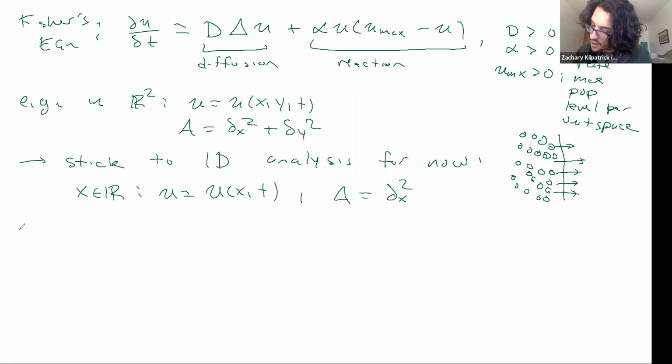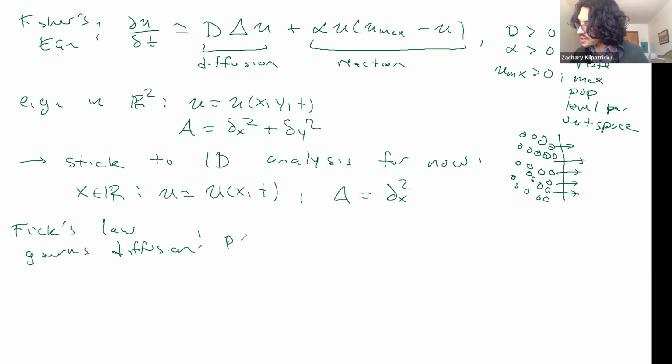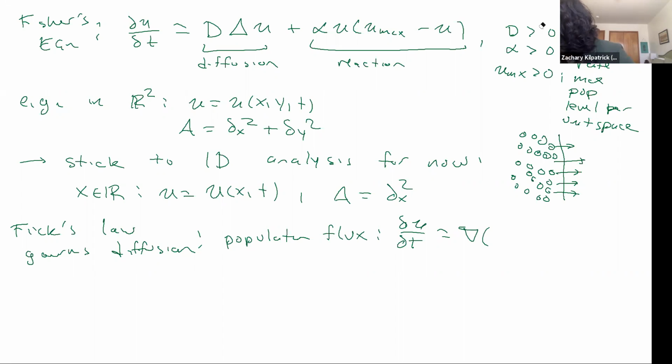So to make that point, essentially what we have here is Fick's law governs the diffusion. What is Fick's law? It's just this population flux law. And the idea is that the population is going to seek to move down gradients.